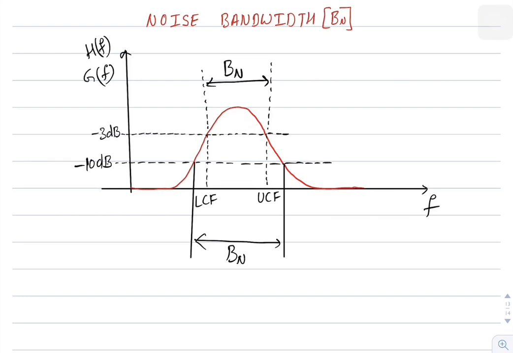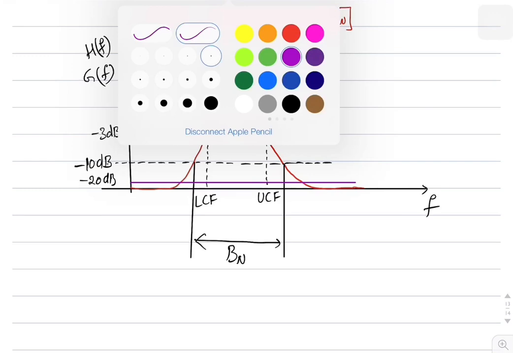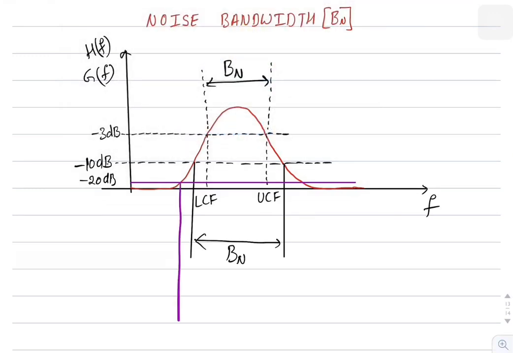If you want to consider the noise up to minus 20 dB, then the noise bandwidth of the system is from this point to this point. So this is noise bandwidth now. As a simple note, noise bandwidth is just like the bandwidth of the amplifier or filter, considering up to which level of margin you are going to consider the noise.